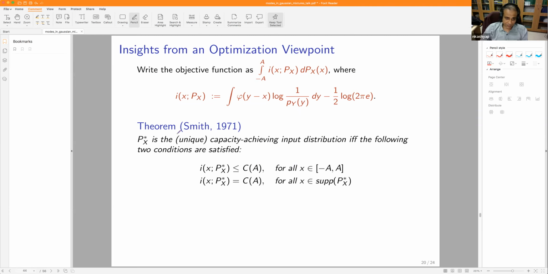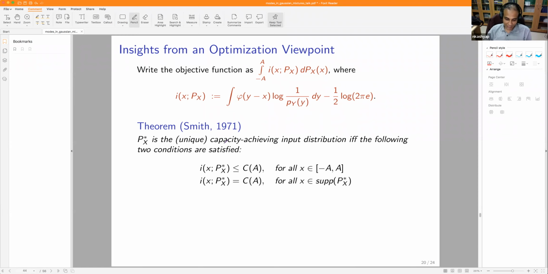It has various properties. This is a convex optimization problem, so you have these KKT, Karush-Kuhn-Tucker, conditions for this type of problem.